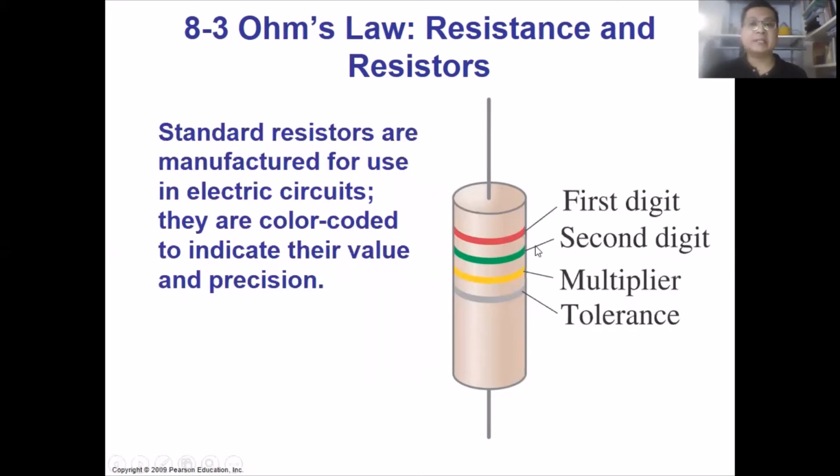Then the second color gives the second digit, and then there is a multiplier for the power of ten. And tolerance, this one is the performance plus or minus, which will differentiate the measure.